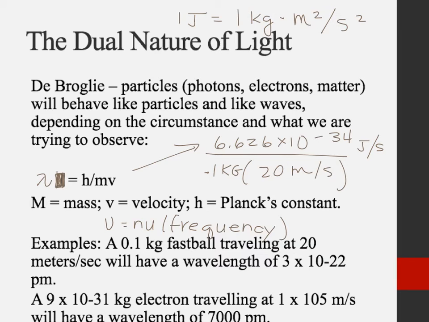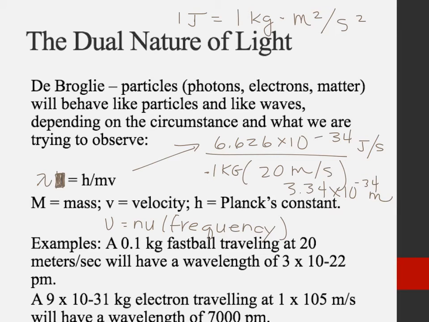I'm going to come out with 3.34 times 10 to the negative 34th meters. And to get it into picometers, I'm going to divide by 10 to the minus 12. And I'll get 3 times 10 to the negative 22nd.